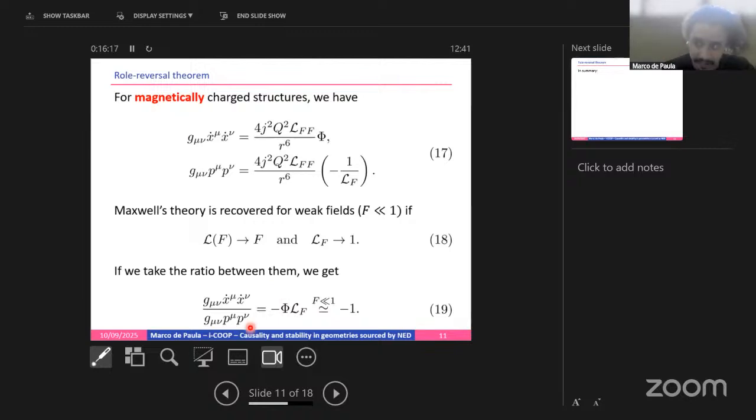And this is telling us that in nonlinear electrodynamics, the norm of the four-velocity and the norm of the four-momentum of photons have opposite character. So if you have a time-like norm for the four-velocity of photons, this will necessarily imply that you have a space-like norm for the four-momentum of photons.